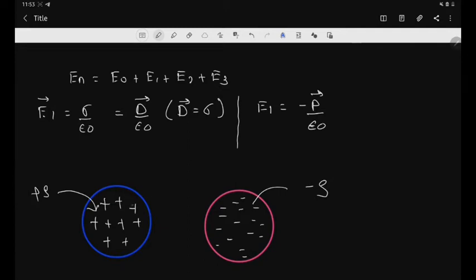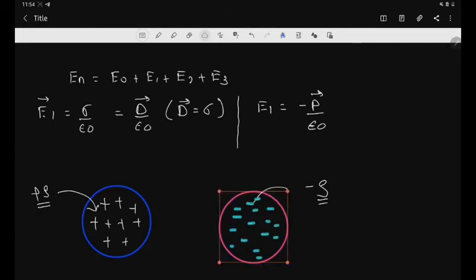The charge is present inside the volume. We will consider two spheres. In one sphere, we will consider a positive charge distribution inside the volume, and in the other sphere we will consider a negative charge distribution inside the volume. Now if you combine these two spheres, you will observe that you get the same charge configuration.